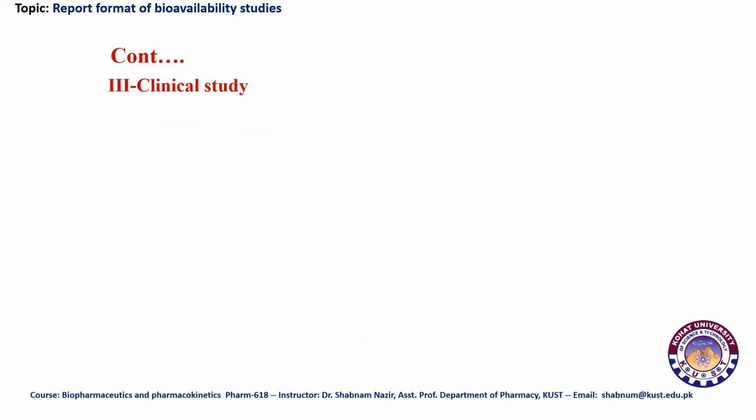Then clinical study, as we know that bioavailability studies or bioequivalence studies are basically clinical trials. So these studies are conducted according to a set protocol, and then the summary is provided for the study, whatever steps were involved in that.